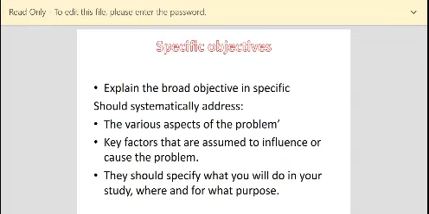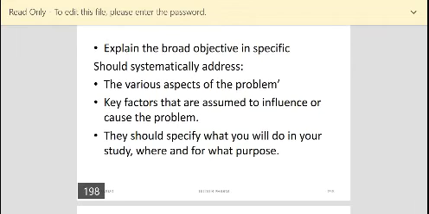Let's see the specific objectives. Specific objectives explain the broad objective in specific terms, and should systematically address the various aspects of the problem, key factors that are assumed to influence or cause the problem.